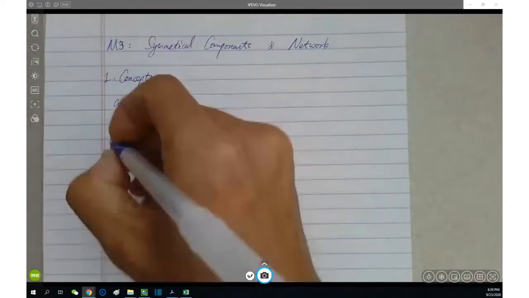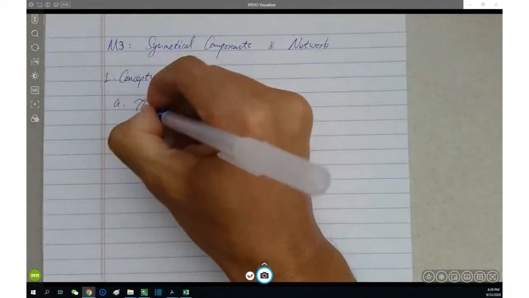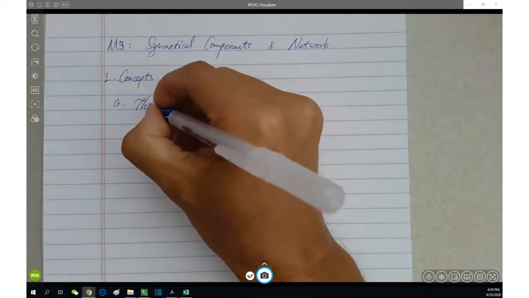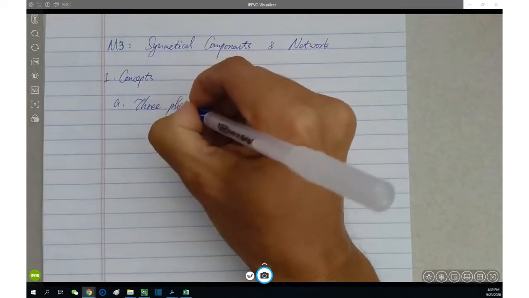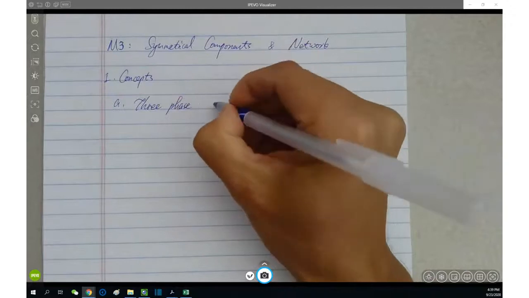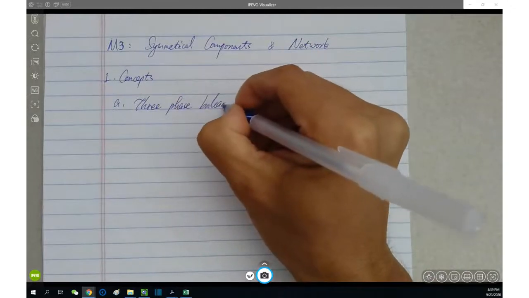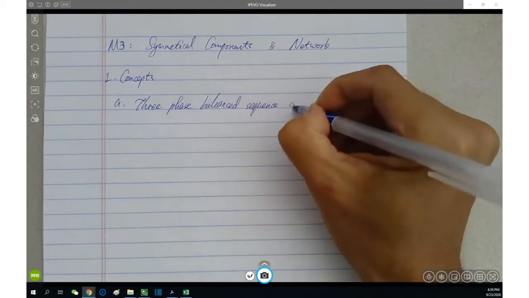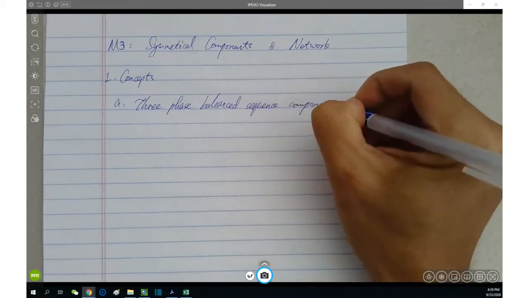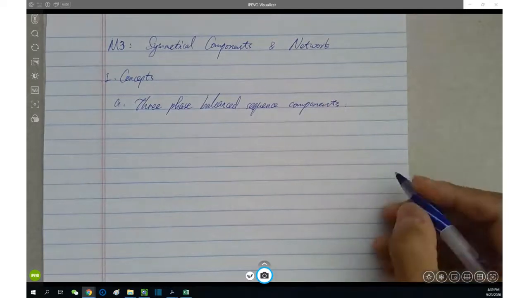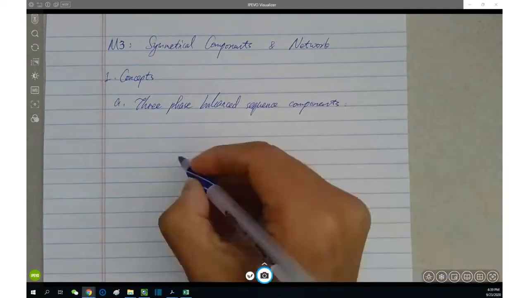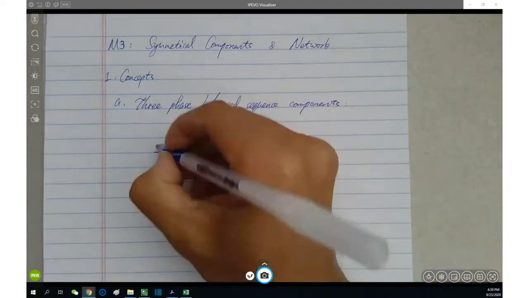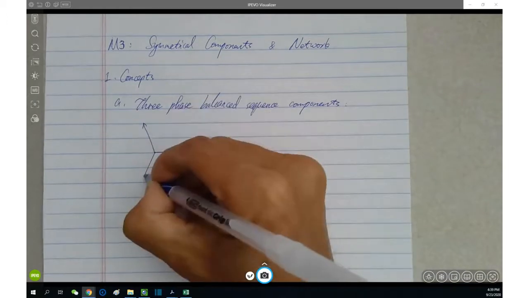First, we need to review a three-phase balanced sequence component. What does that mean? This is what we learned previously, positive and negative sequence, right?